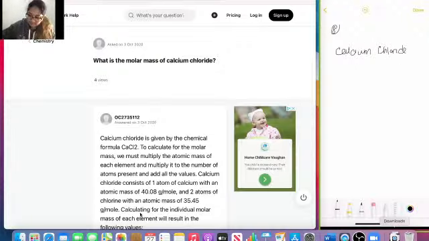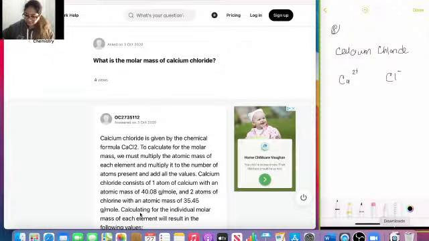If you recall, you write calcium as Ca, and it has a charge of 2 plus, and chlorine is denoted as Cl and has a negative charge.